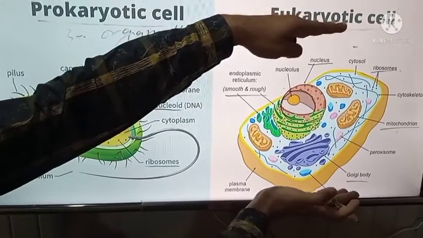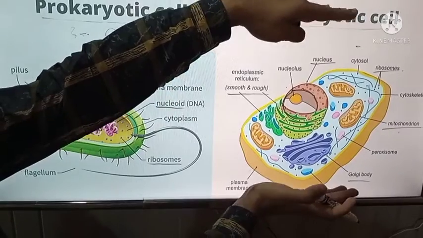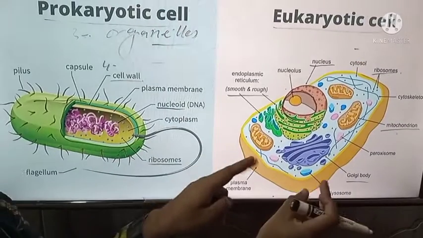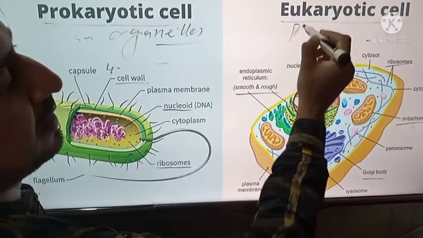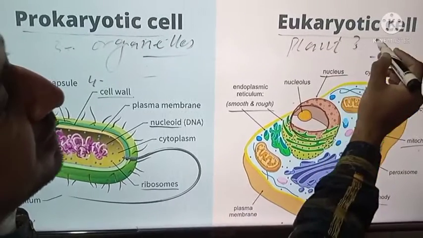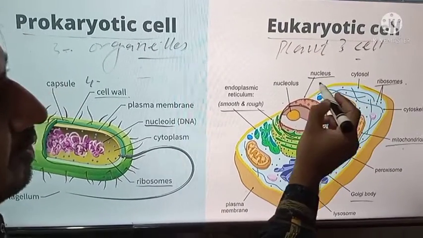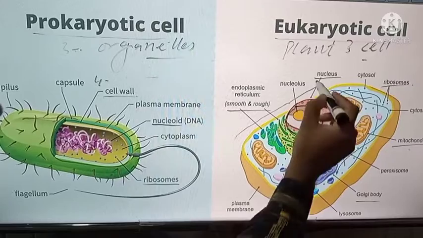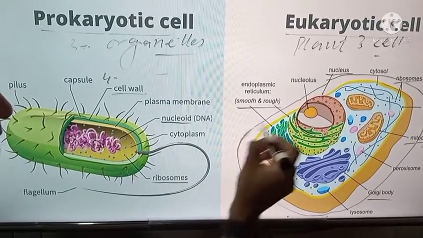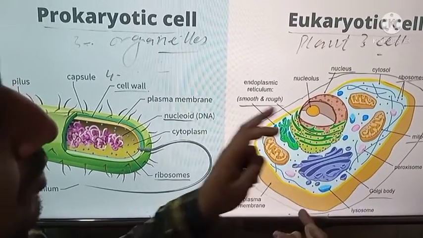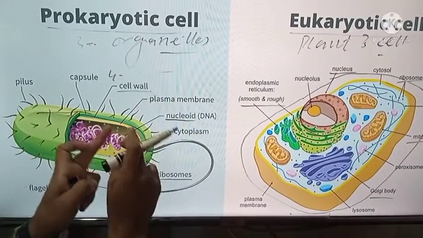Actually, this is a eukaryotic animal cell, so in this diagram there is an absence of a cell wall, but a eukaryotic plant cell has a cell wall. The cell wall is the outermost structure, which is present outside of the cell membrane. So in prokaryotes, a cell wall is present.